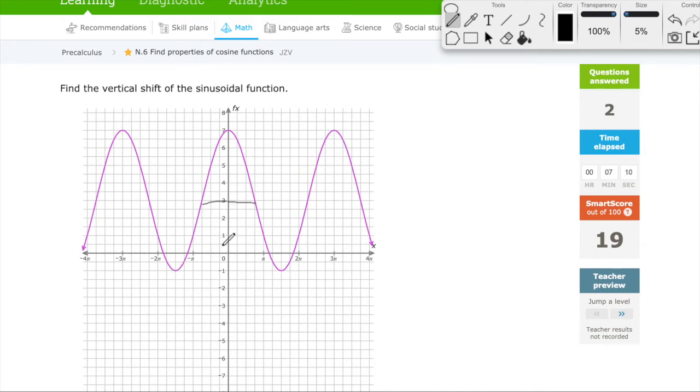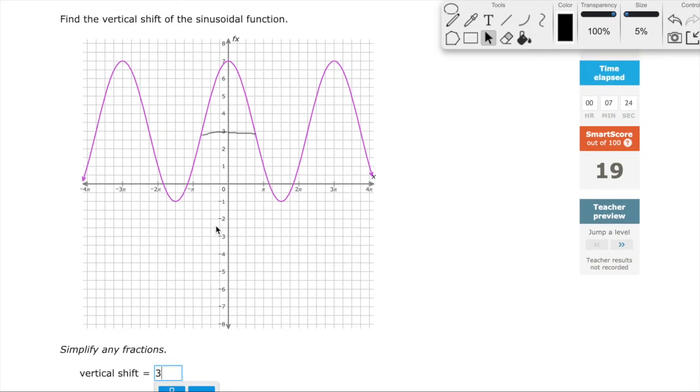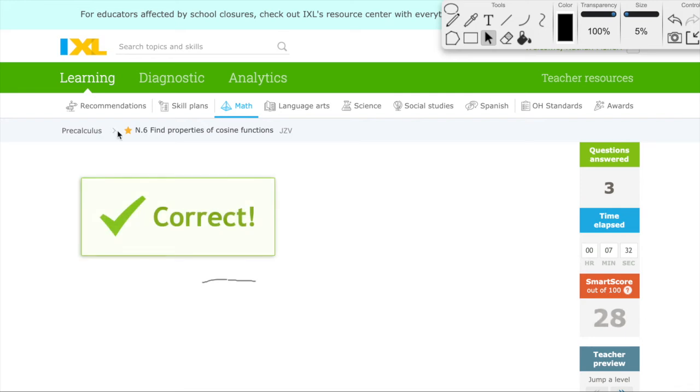Normally the middle is at 0, so now I'm up 3 units. That tells me when I scroll down and put my answer in, it's a +3, and I don't even have to type in like a plus or anything like that, just 3. If I was down here, I would need to put the -3. So that's what I'm looking for. Not necessarily this y-intercept, but the whole graph, the middle moves up and down.